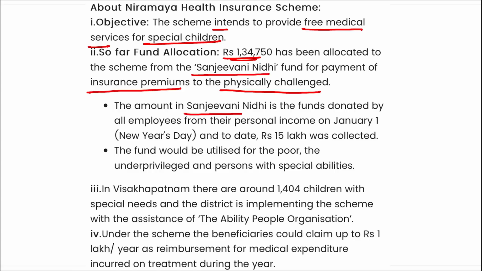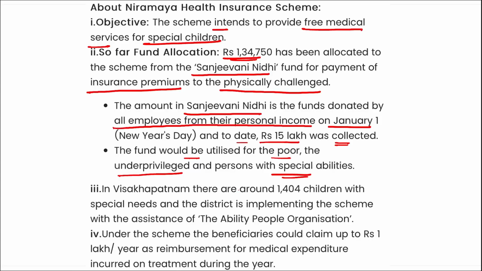The amount in Sanjeevani Nidhi is the fund donated by all the employees from their personal income on January 1, that is New Year's Day, and to date 15 lakh rupees was collected. The fund would be utilized for the poor, the underprivileged persons with special disabilities, right?